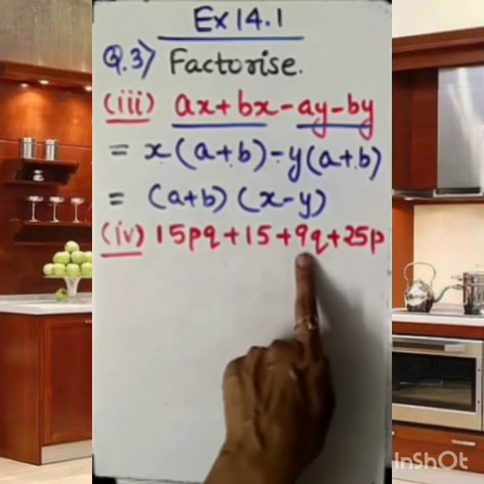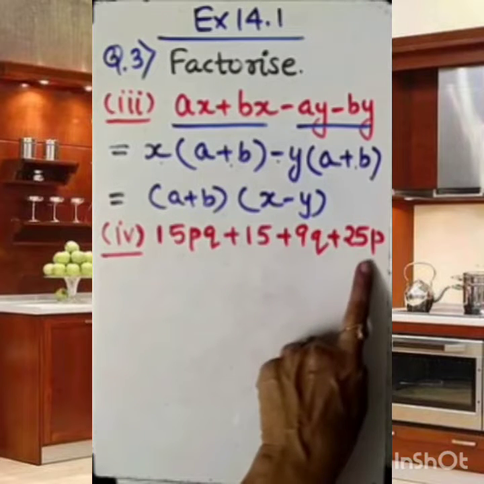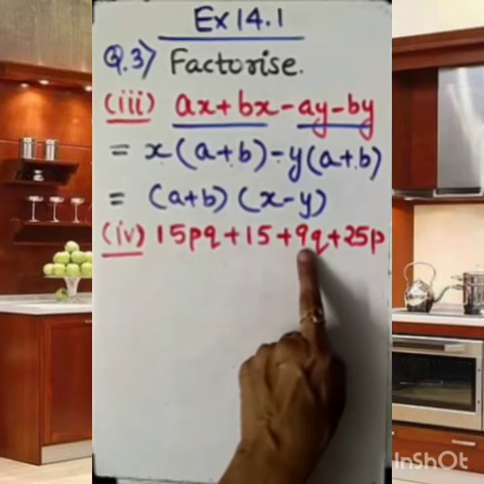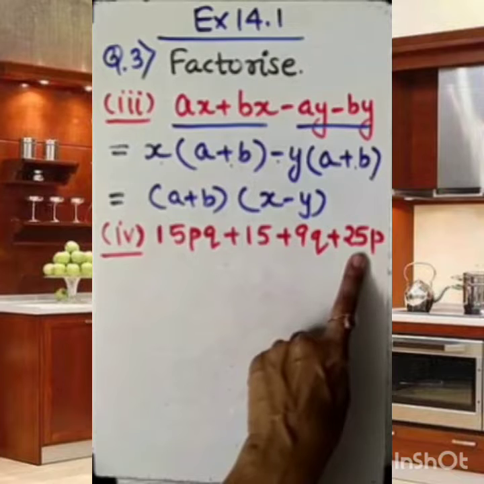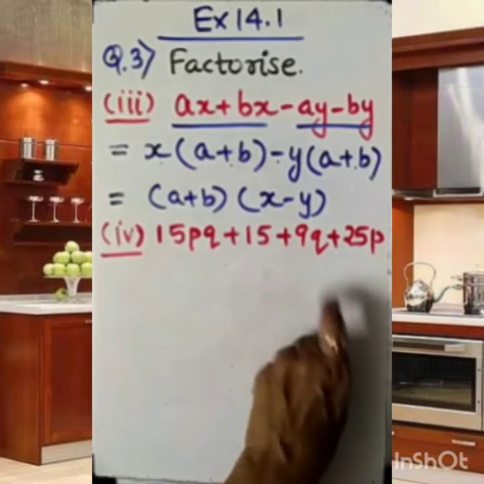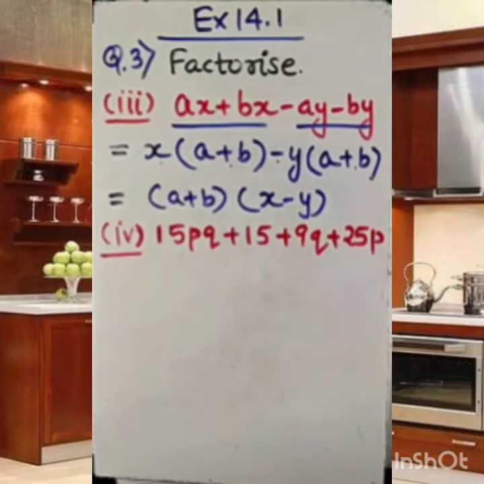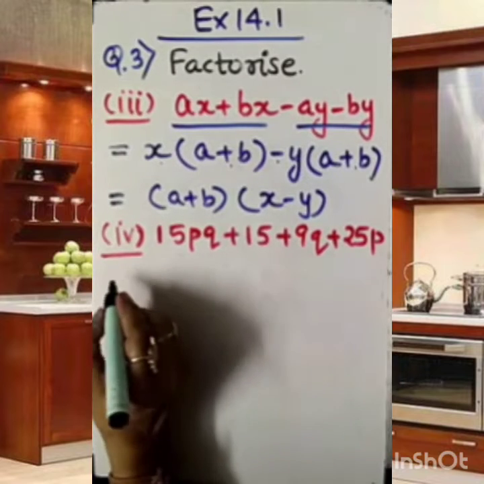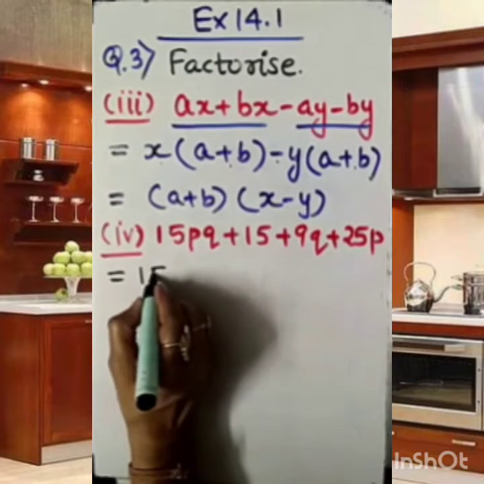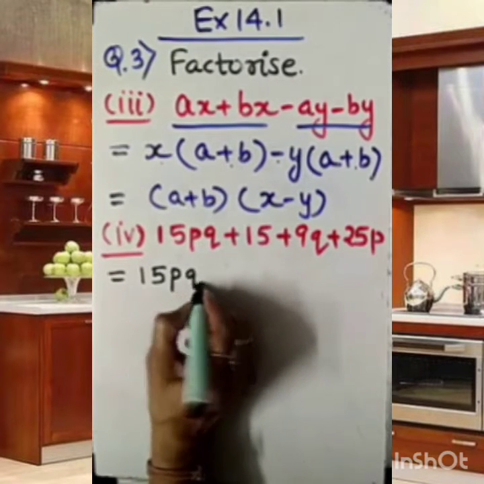And if we take out something common from the other two terms, you can see nothing will be common from 9 and 25, and neither is any variable common. So in such a case, we need to arrange. There are 2-3 types of arrangement we can apply. Let's choose one of them and try to bring the similar bracket.